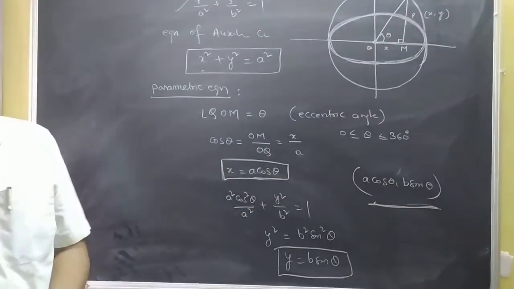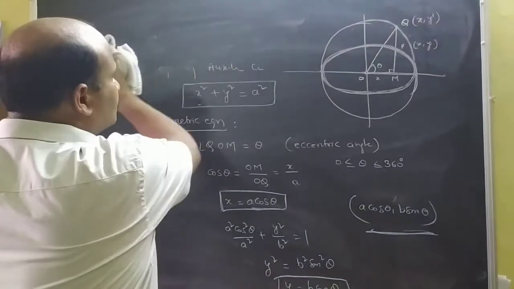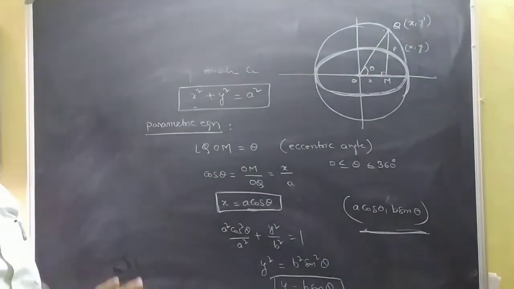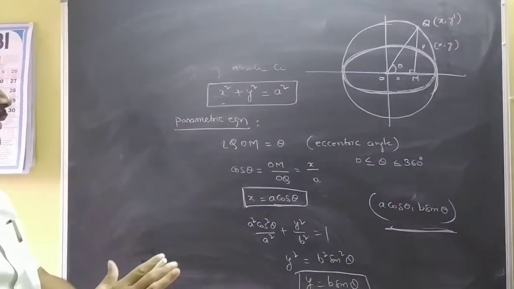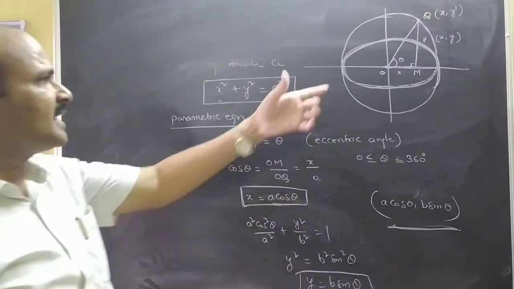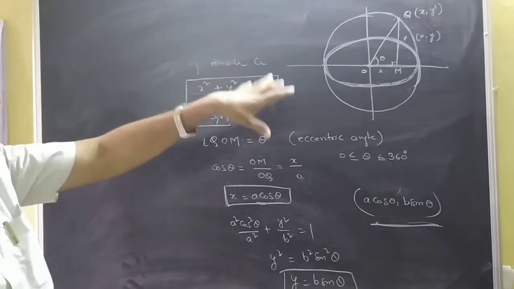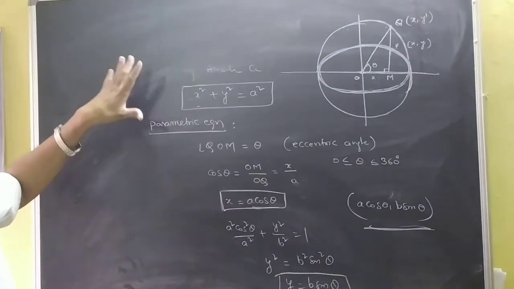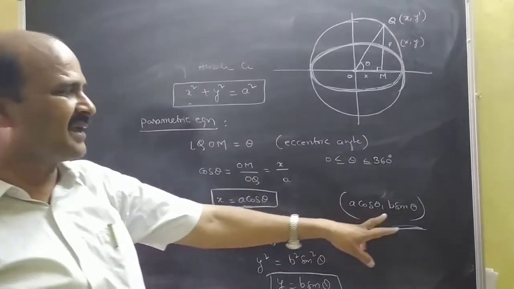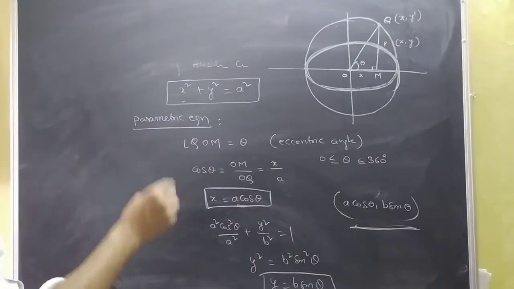The auxiliary circle is x square plus y square is equal to a square. That means the major axis of an ellipse is the diameter of a circle, which is called the auxiliary circle, and the parametric equations are a cos theta and b sin theta.